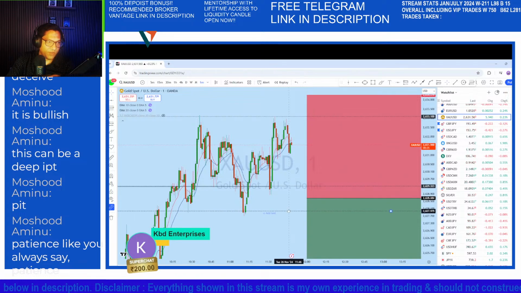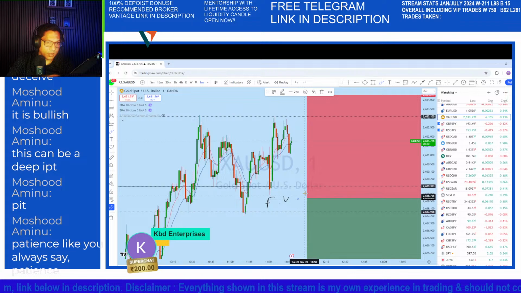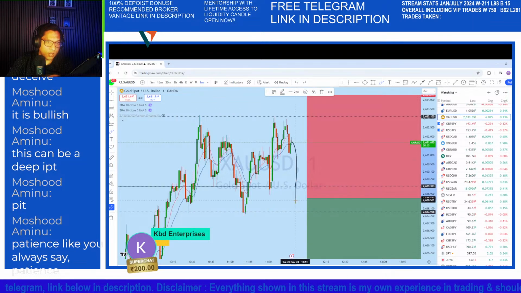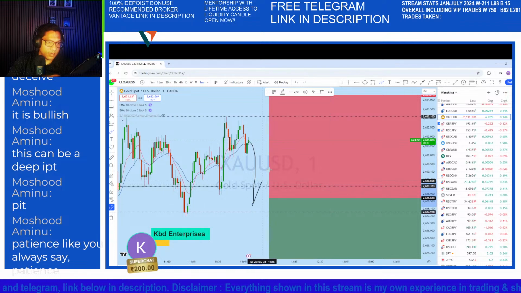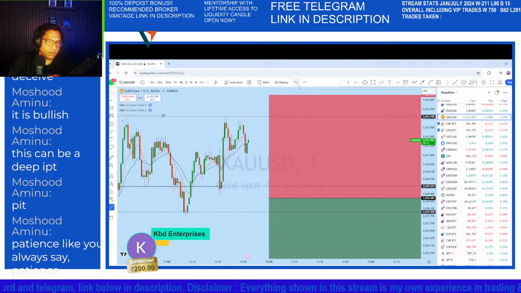So this is a fair value gap. Okay, so where is the fair value gap? We are waiting for the market to come and fill that fair value gap, and then to trend again in the major direction.